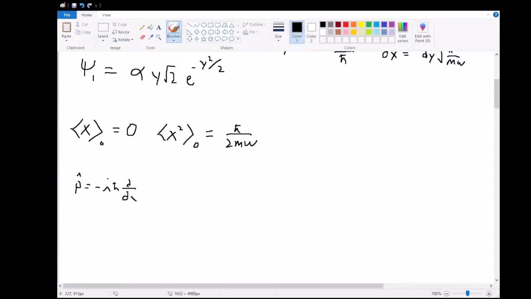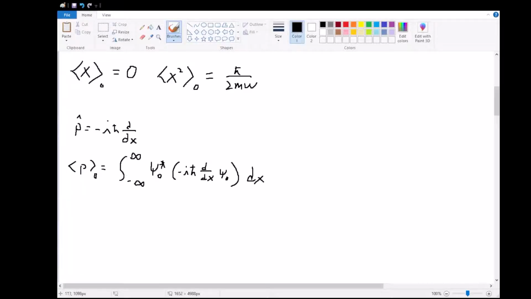In this case, we will have to write out the full formal expectation value formula, in that the expectation value of p is equal to the integral from negative infinity to infinity of psi naught star, and let's also write the naught here to indicate we're finding the expectation value of p for the ground state, times negative i h bar d by dx of psi naught dx.